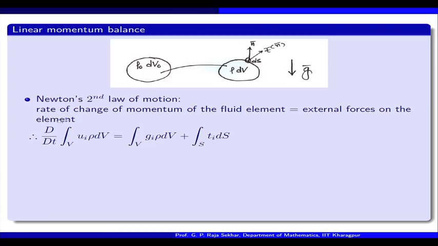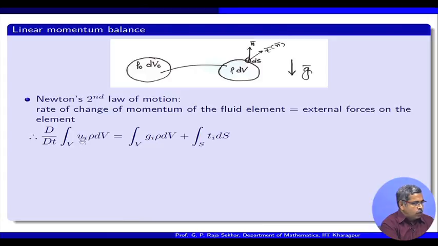So, what it says is, rate of change of linear momentum of the fluid element is equal to the external force on the element. With the index notation, momentum is nothing but mass into velocity.